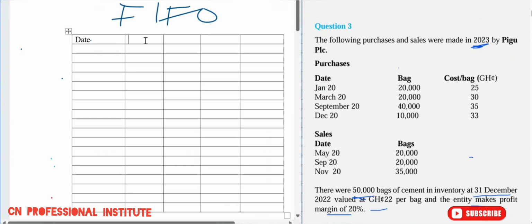So we have the dates, then details, then the units, then the price per unit, and then the total monetary value.